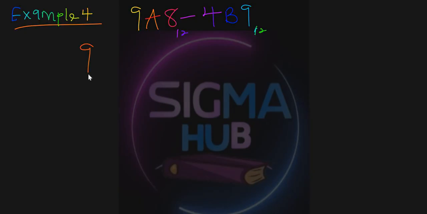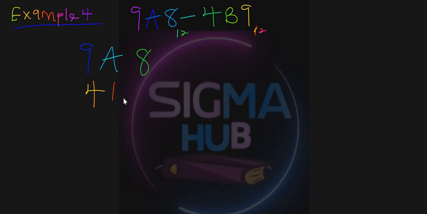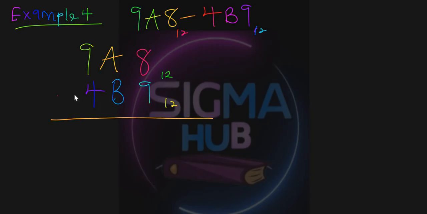So we have 9a8, then 4b9. Both of them are in base 12. We have 8 minus 9, which is not possible. So we have to get 1 from here. A represents 10. Please don't forget, A represents 10.